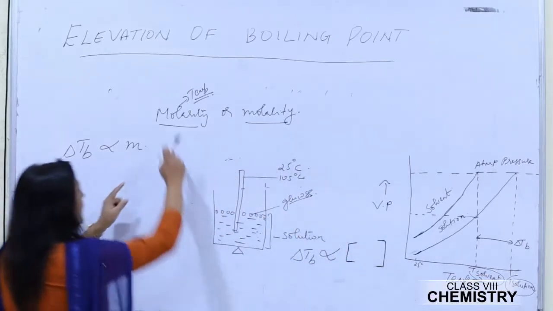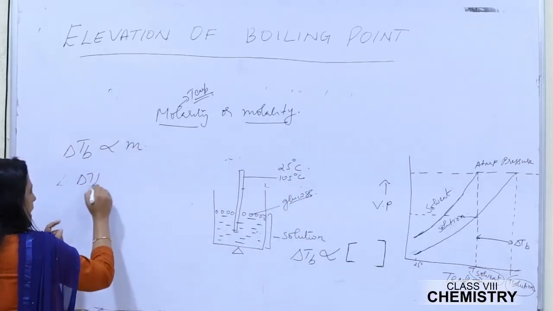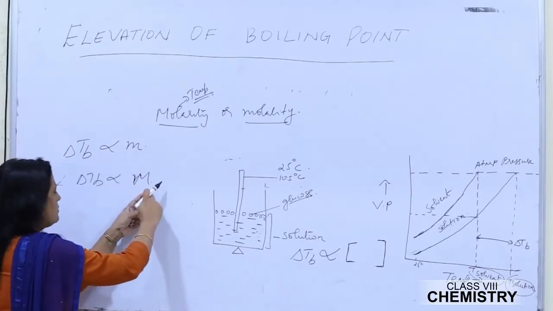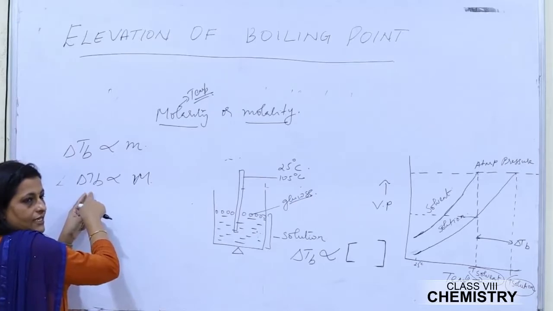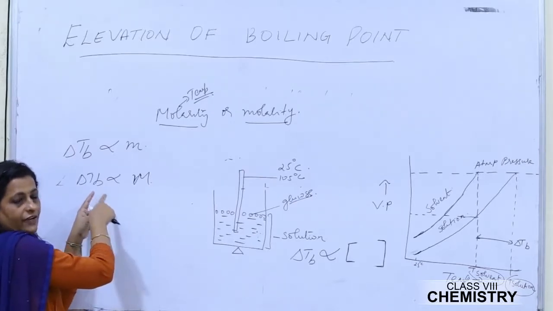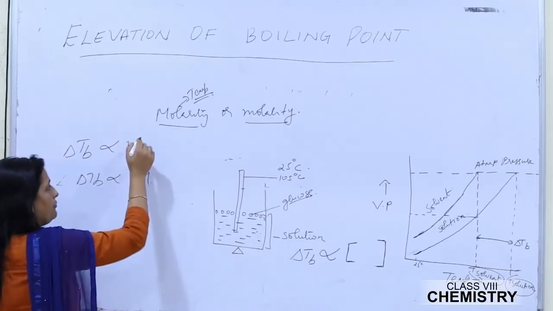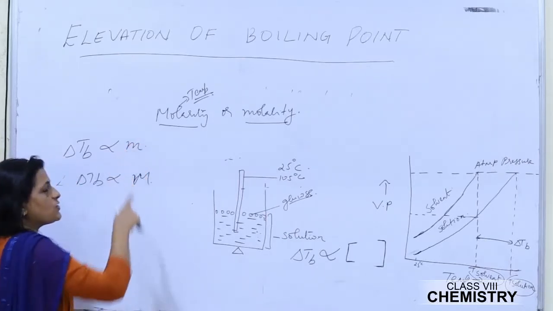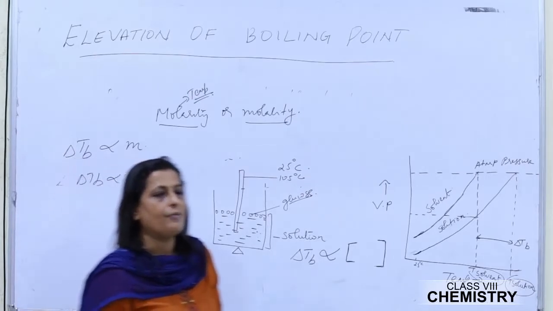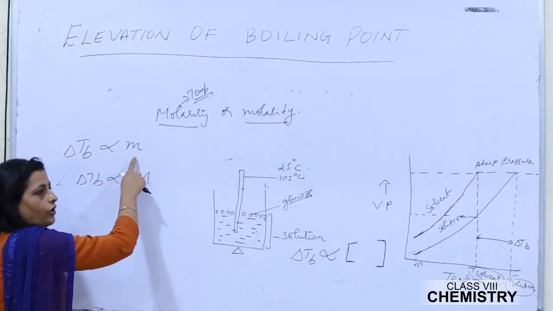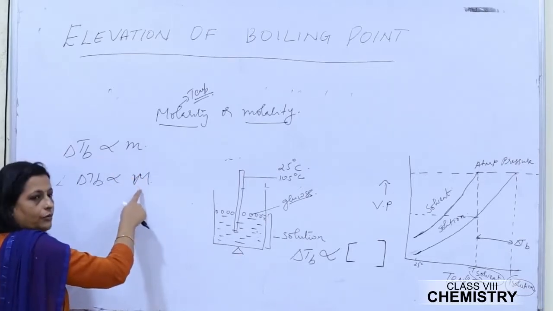So, if you take here molarity instead of molality, what will happen to molarity also? It will also change with respect to change in temperature, because of the elevation in boiling point. So, molarity also will change. But if you take molality, it will not change. Why? Molality is independent of temperature. So, that is the reason why we are taking here molality instead of molarity.